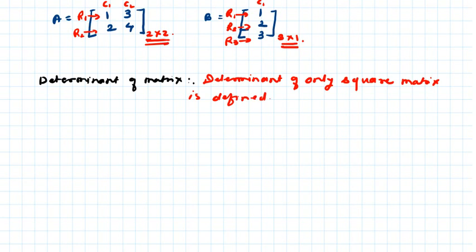Now the thing is how to get the determinant. Suppose I have the matrix A, with entries a, b, c and d.